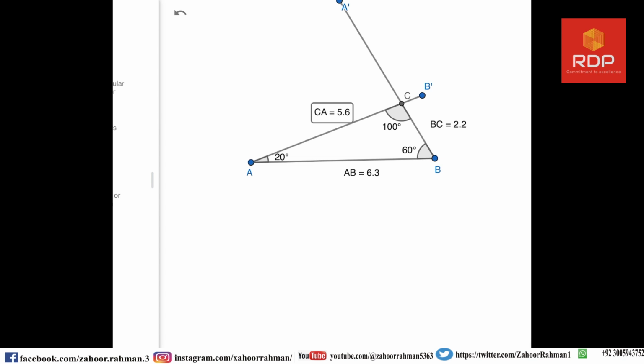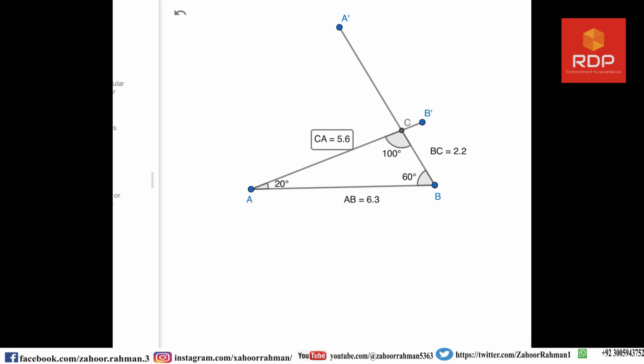And because one angle in this particular case is 100 degree, which is greater than 90 and less than 180, so that is called obtuse angle, and as a result we are calling this triangle to be an obtuse angle triangle.